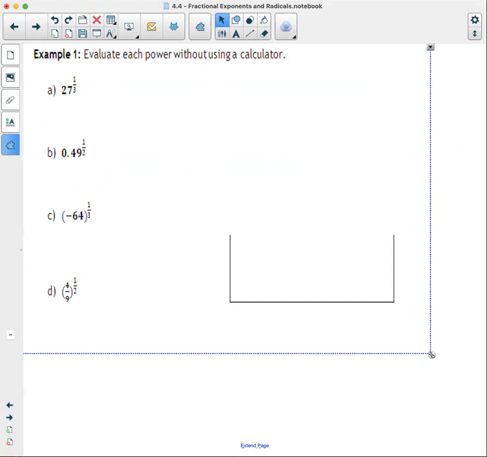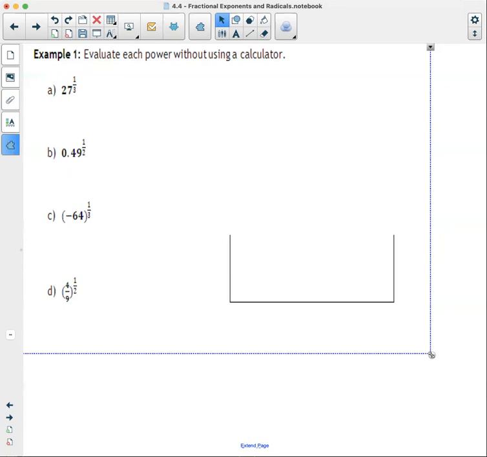Personally, I like doing the prime factorization method because it doesn't really involve a deep memory of the perfect squares or the perfect cubes. So I'm going to use prime factorization when I do these, but you're more than welcome to use the perfect square strategy as well. Okay, so 27 to the exponent 1 over 3.